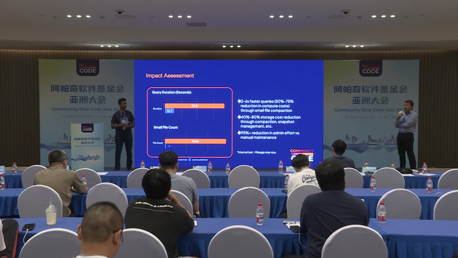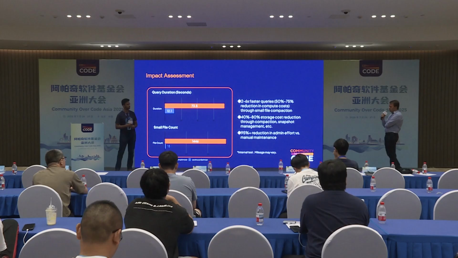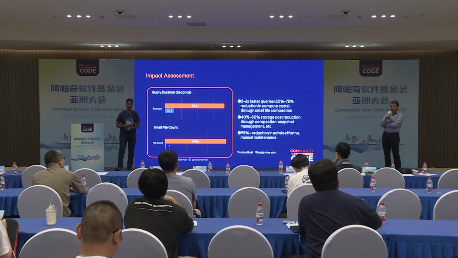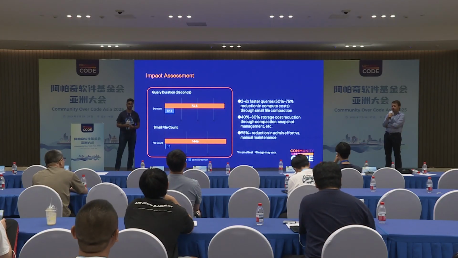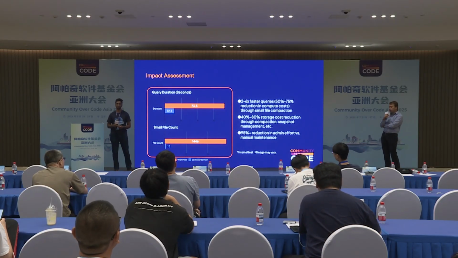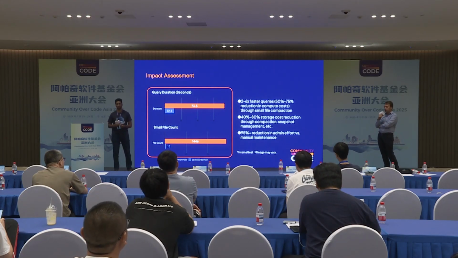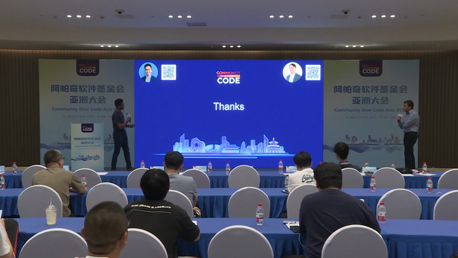After compaction, it was 2.2 seconds. That is significant. The message here is that when you are playing with Iceberg tables, it's always nice, but when you face some slowness, start thinking about what strategy you have made for table maintenance. So yeah, that was it.